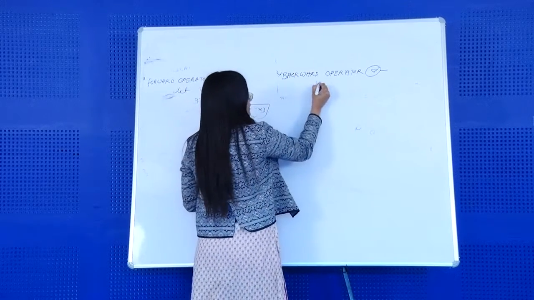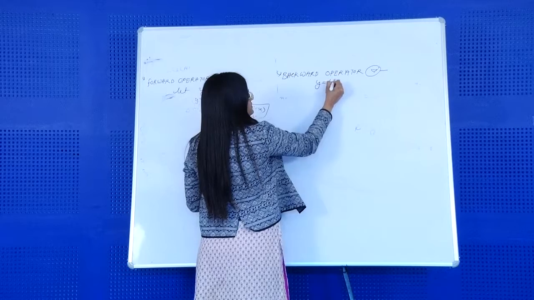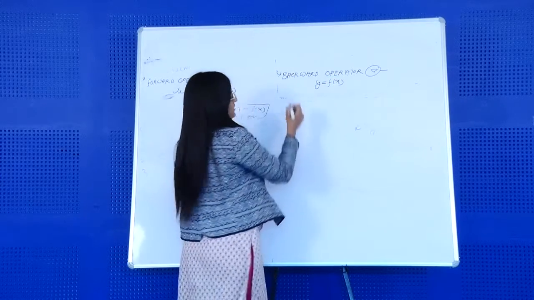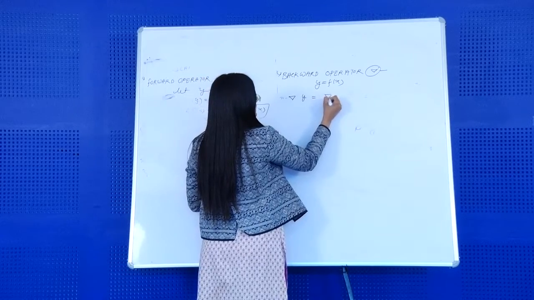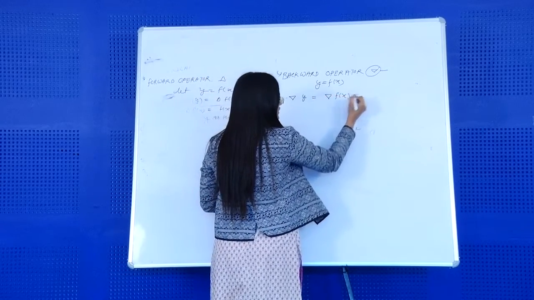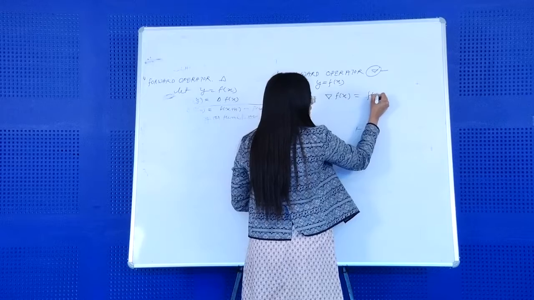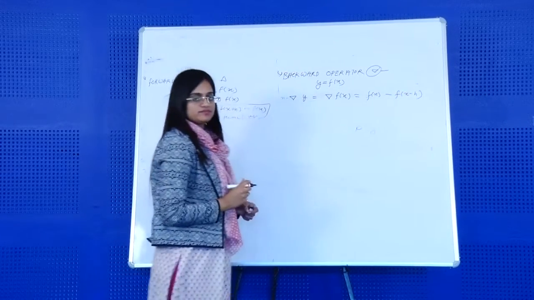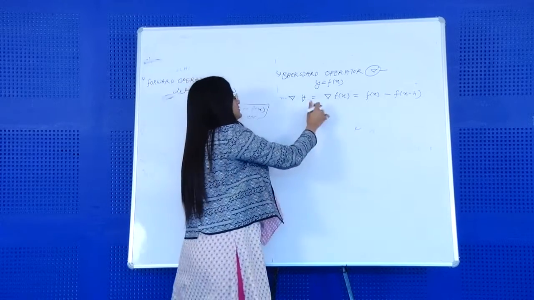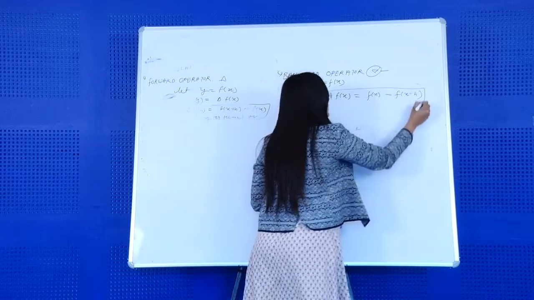Let my function be y equals f of x. I apply the backward operator on y. This is nabla of f of x. It gives f of x minus f of x minus h. This is the definition of nabla.